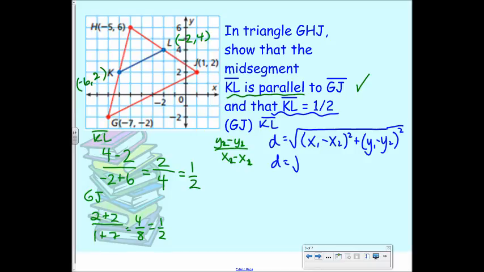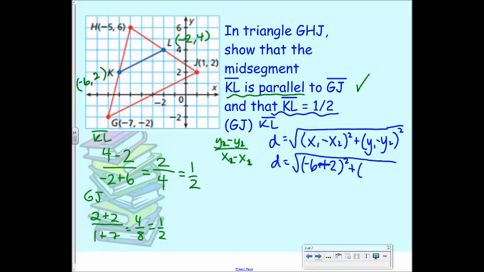What's x1? Negative 2, right? Or either one, it doesn't matter. So negative 6 minus negative 2, which becomes a plus. Are you guys awake today?